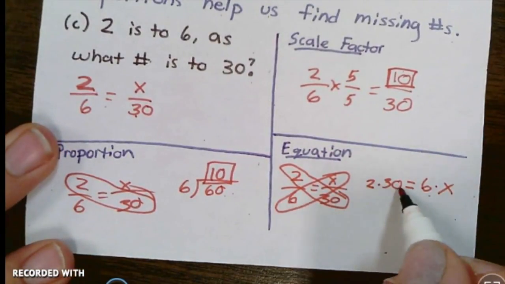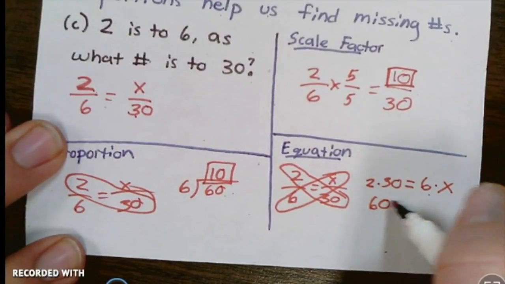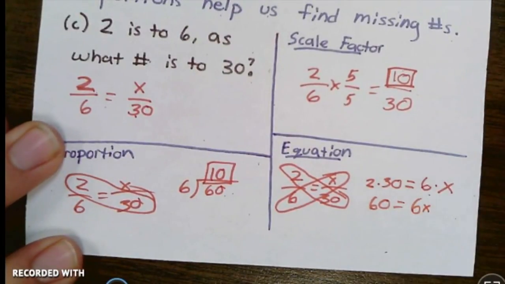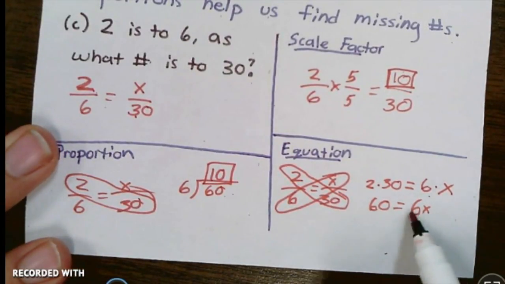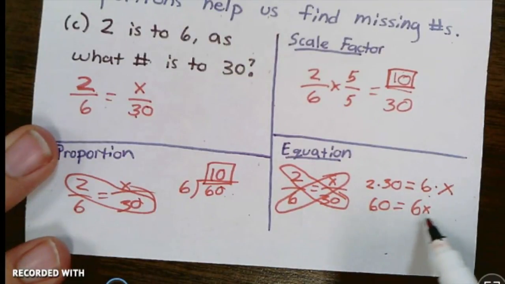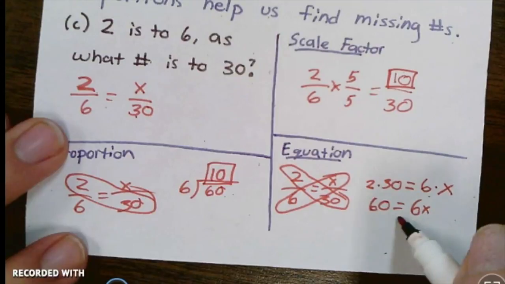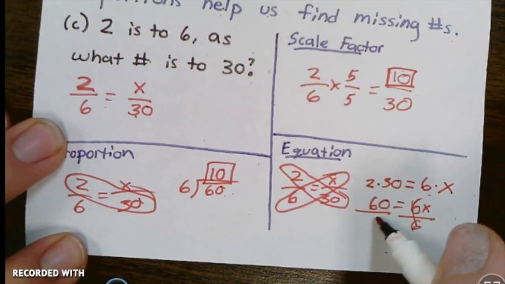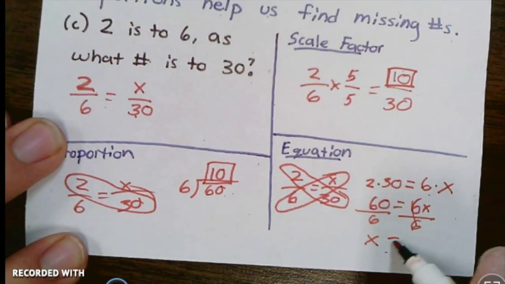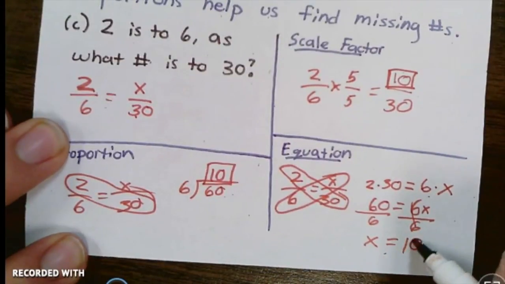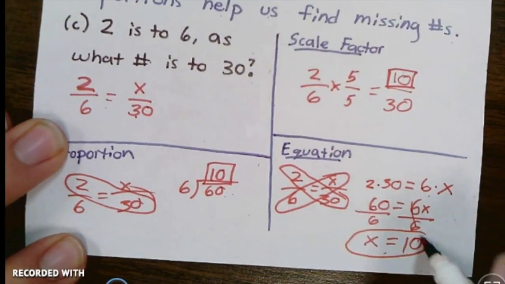And then I'll do 2 times 30, which is 60, equals 6x. Right now, these numbers are being multiplied this way. If I read it as multiplication, I've got x times 6 equals 60. If I read it the other way, it's division. 60 divided by 6. I'm going to divide by 6 and divide by 6. And I get x equals 10 because 60 divided by 6 is 10.